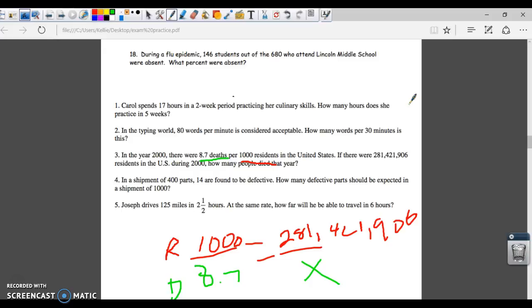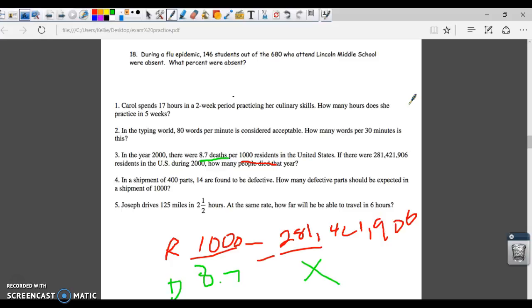8.7 times 281,421,906, divided by... Oh, let me clear that out. I don't know if my calculator goes that high. Hold on. 8.7 times 281,421,906.